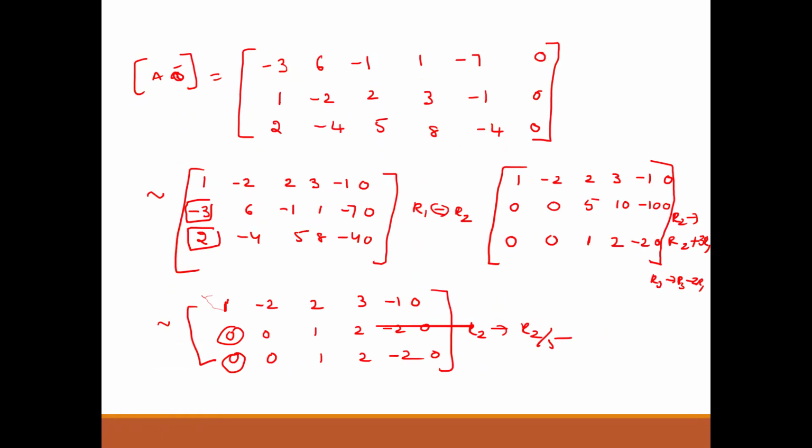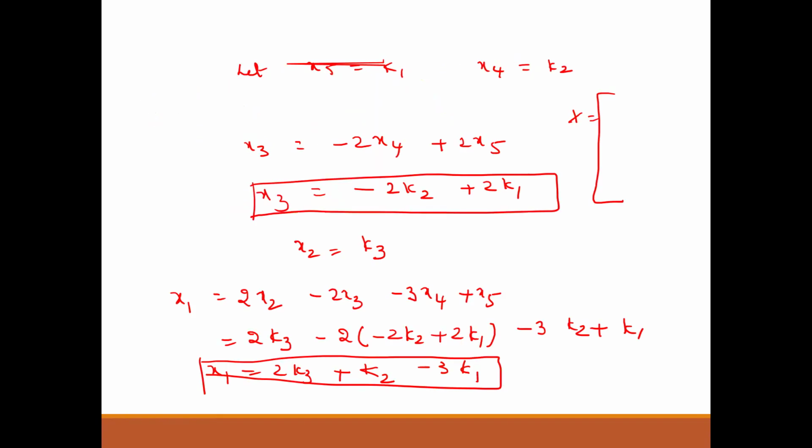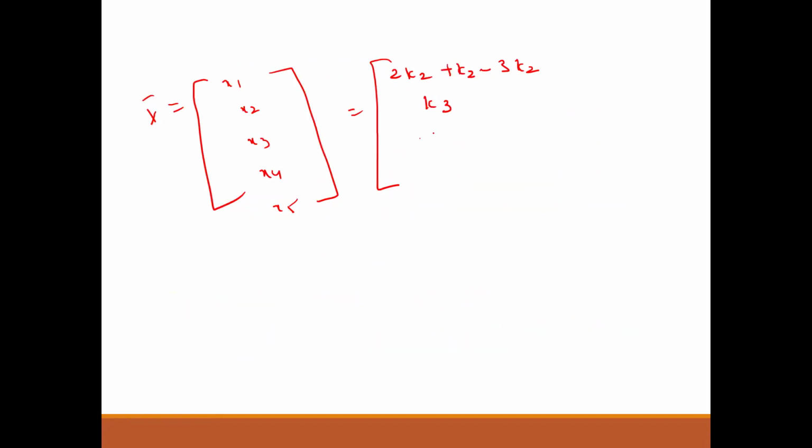Your x1 is 2k3 plus k2 minus 3k1. Your x2 is k3. Your x3 is minus 2k2 plus 2k1. And your x4 is k2. And your x5 is k1. Take k1 common.